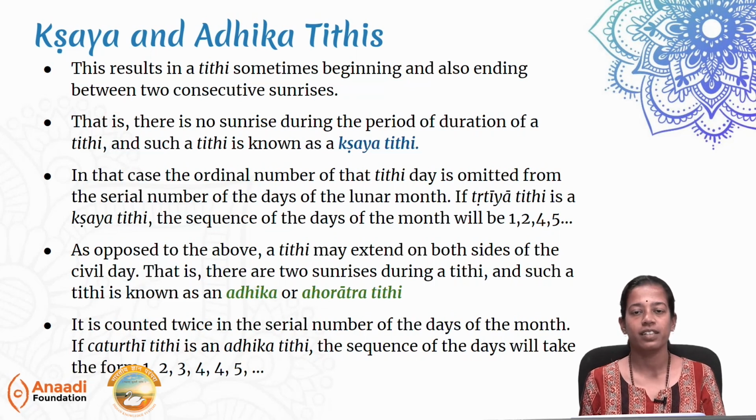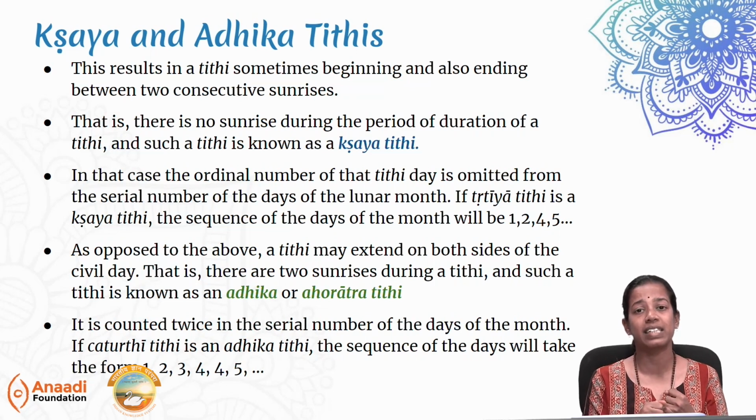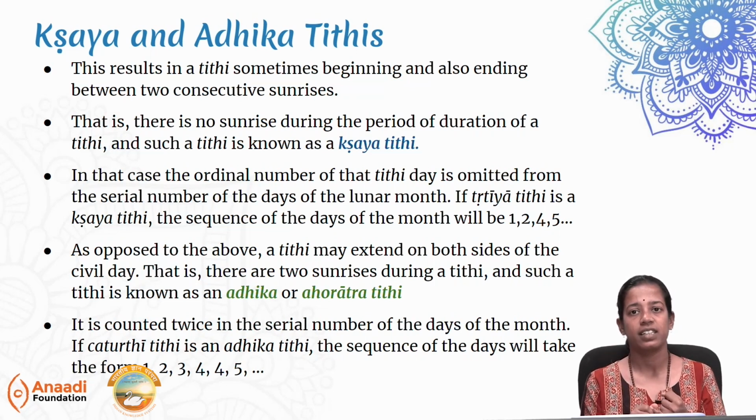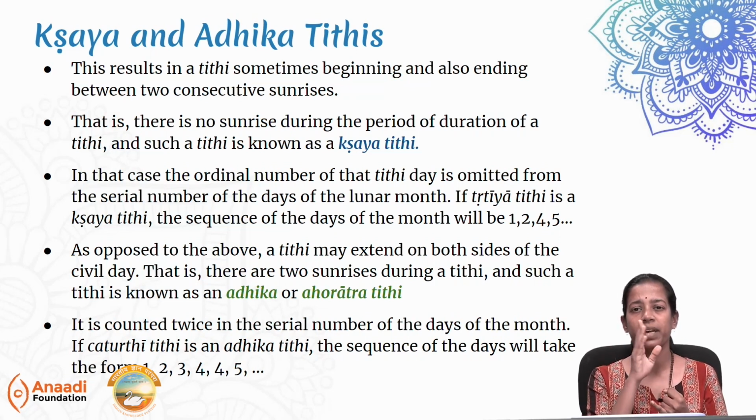So, we have seen 2 cases. In the first, the duration of the Tithi is so small that it never gets to see any sunrise between 2 consecutive civil days. That Tithi is called a Shaya Tithi, and that ordinal number will never be included in the sequence of the days of that particular lunar month.